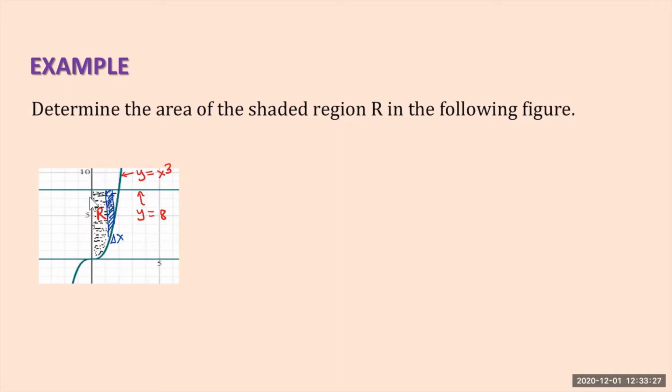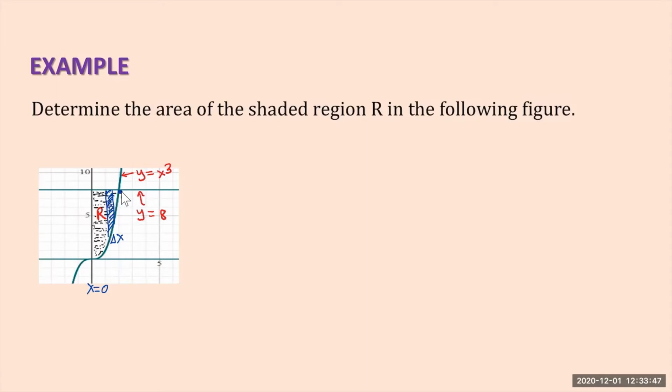Between this one is x equals 0. So the left end of the area is x equals 0. And the right end over here, we don't know what that point is, but we can easily find that point.